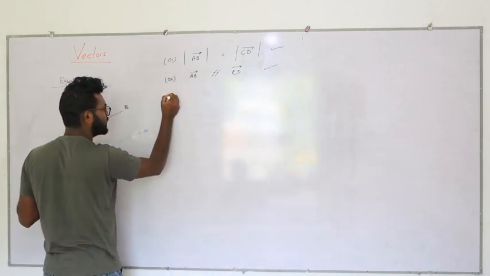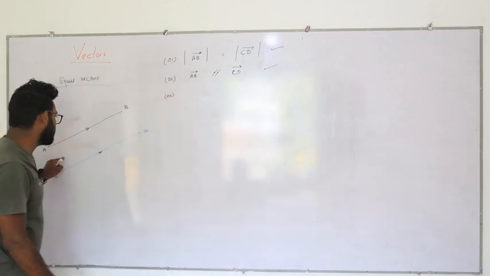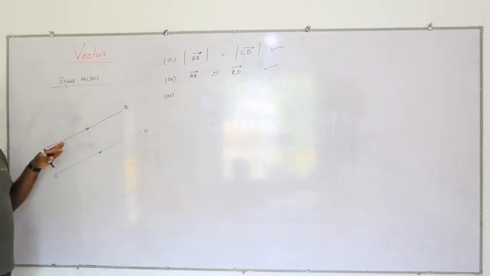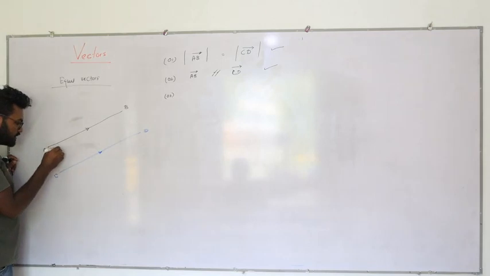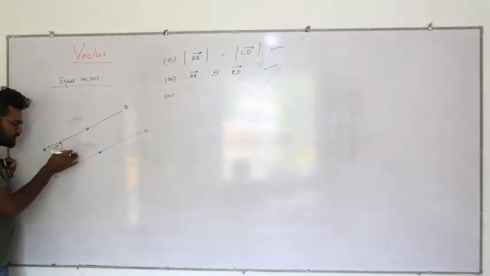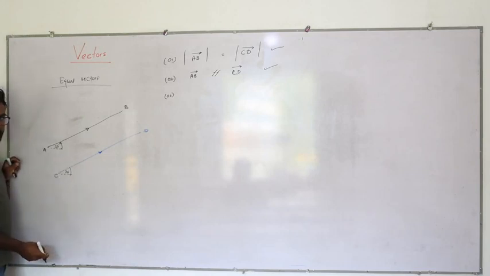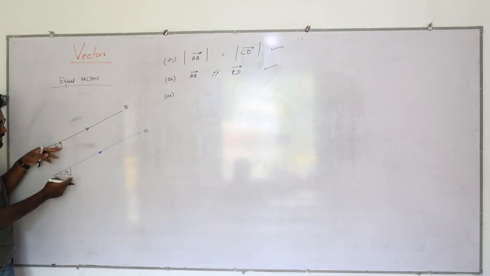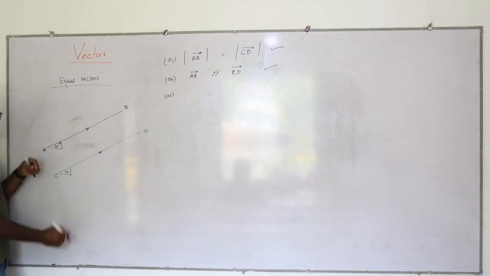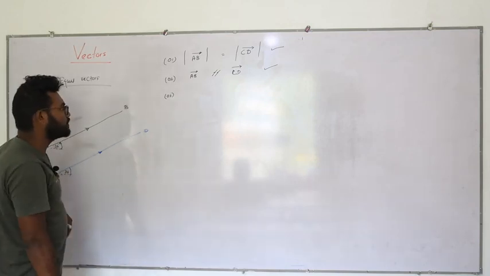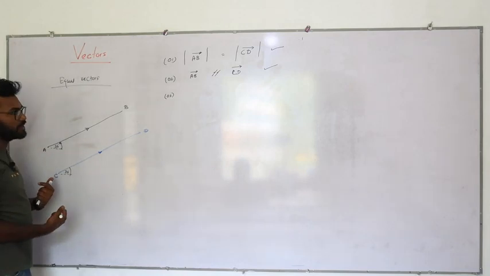And the third case, they are pointed in the same direction. So you can see here, let's say this is inclined 30 degrees to the horizontal. If this is parallel, this also should be inclined 30 degrees to the horizontal, because we know that the angles between parallel lines are equal, whether alternate or corresponding.